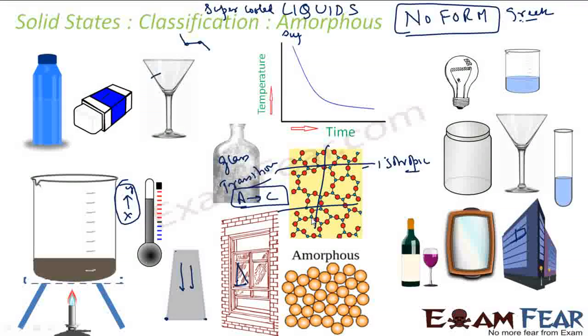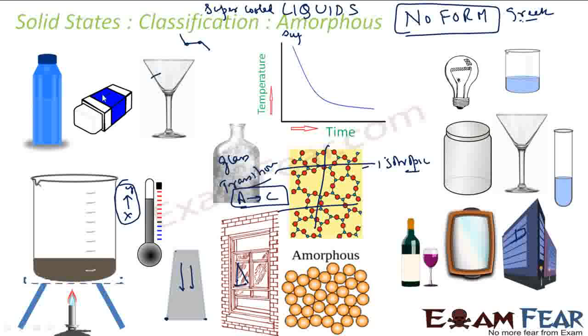So that's why you take from any direction, you get almost similar physical properties like electrical conductivity or refractive index. Since there is no long range order, it's all irregular in all directions, so all the physical properties will be the same in any direction. Correct?